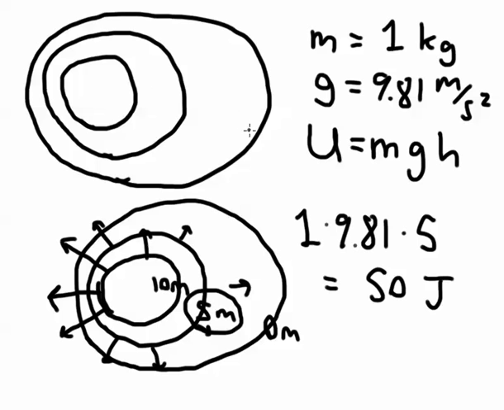The only difference is this is not going to be 0 meters, it's going to be 0 joules. And this is not going to be 5 meters, it's going to be 50 joules. And this is going to be 100 joules. So this map just shows the potential energy that the ball has at each of these points on the hill.